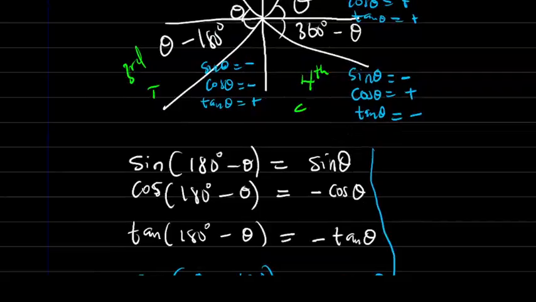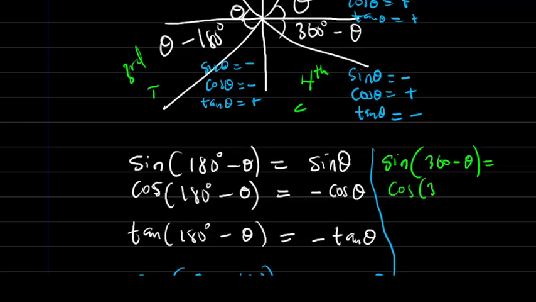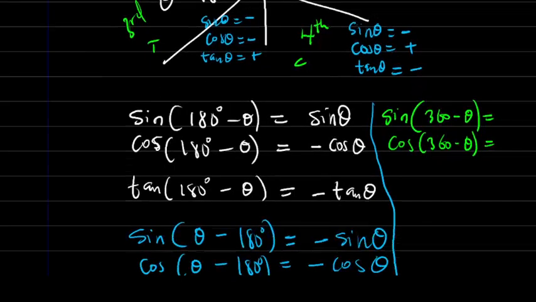Now, let me write the fourth quadrant here. So what about sine 360 degree minus theta? Sine 360 degree minus theta is in which quadrant? It is in the fourth quadrant.